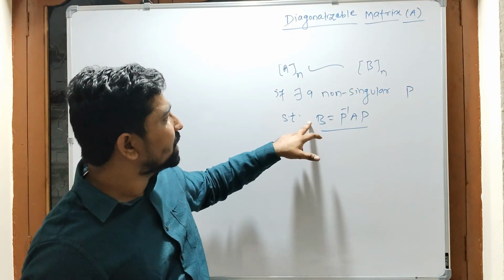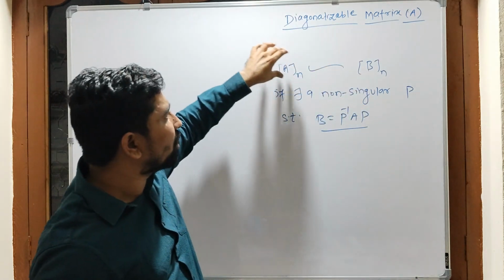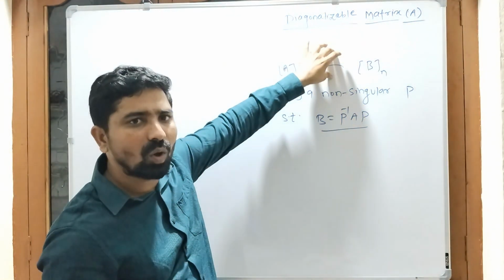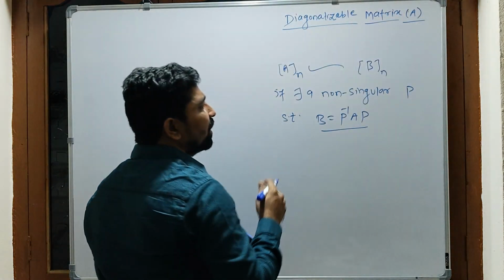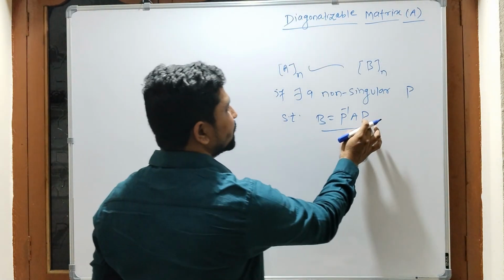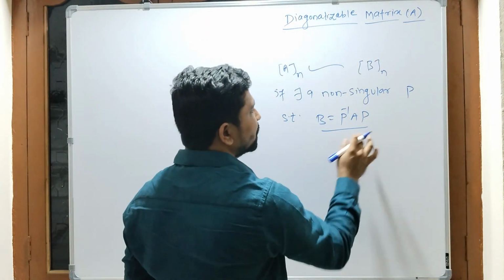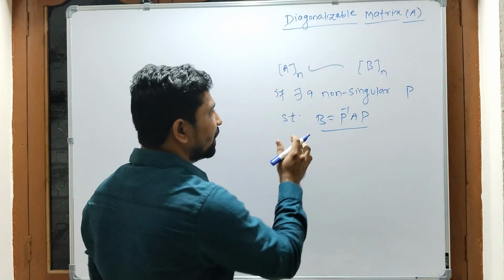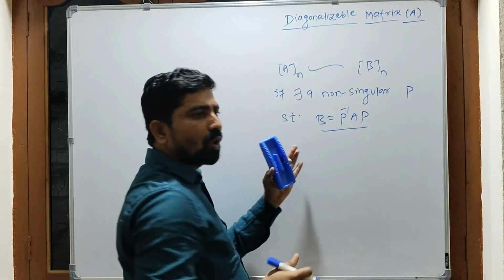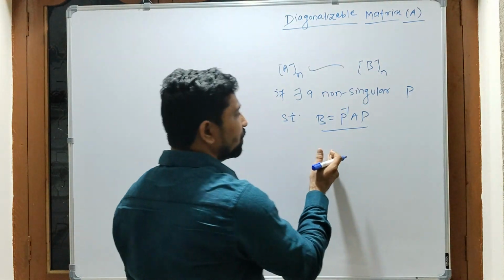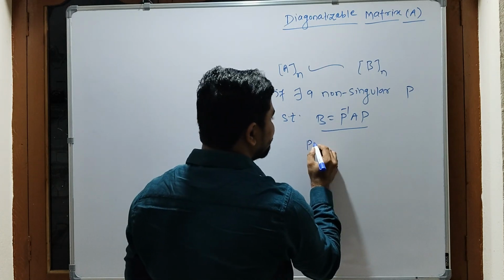But if B is similar to A, meaning B is obtained from A by applying some elementary row or column operation, we can also say A is similar to B. Since P is an invertible matrix, can I write B equal to P inverse A P and multiply P on the left side of this equation, that is, pre-multiplication?